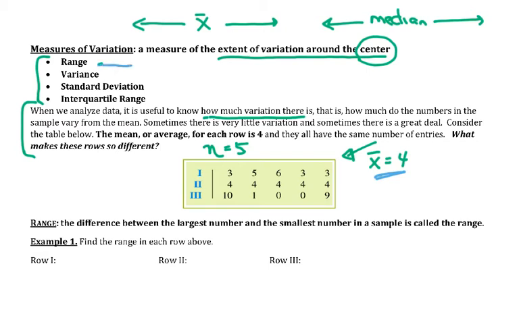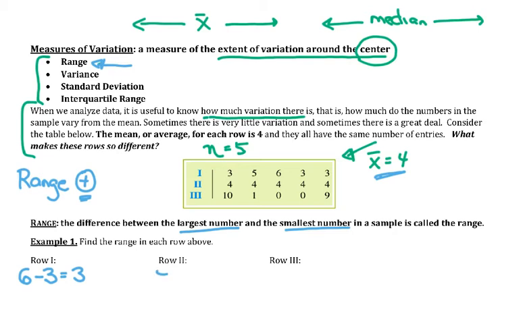Well, one thing you can look at is the range. That is the difference between the largest number and the smallest number. And sometimes people get this mixed up, but the range is always going to be a positive number. So what is the range of row 3? Well, the largest is 6, the smallest is 3, so the range equals 3.